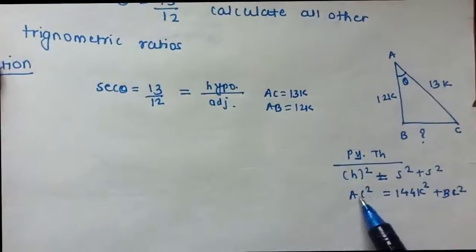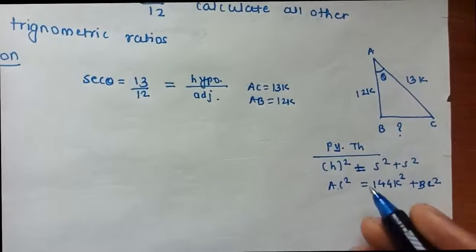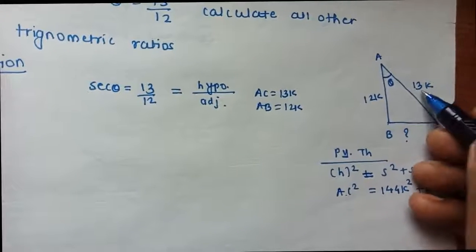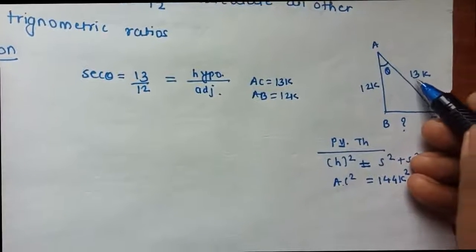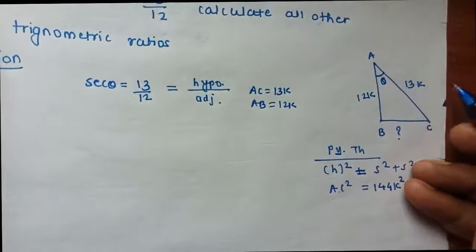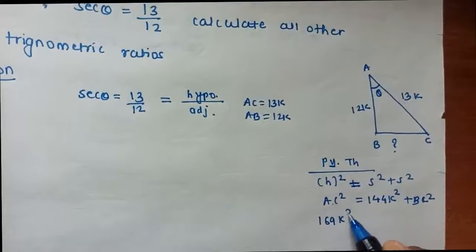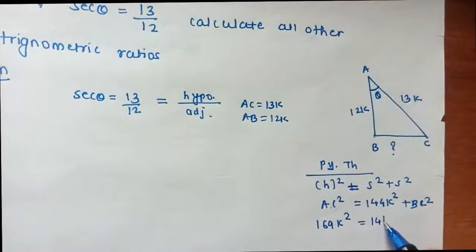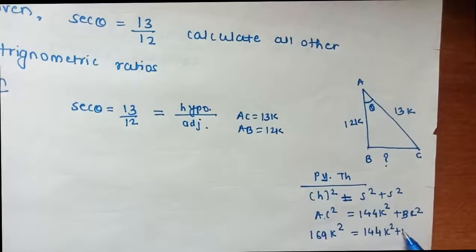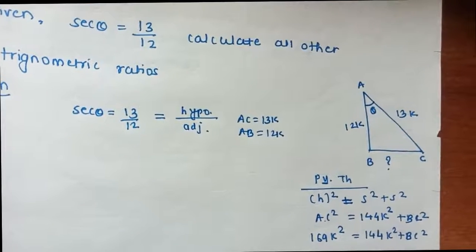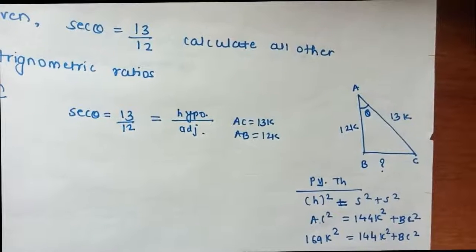I just forgot to write the hypotenuse square here, even you can write it in the next step, doesn't matter. Hypotenuse square is 13k whole square, and 13 square is 169k square, which is equal to 144k square plus BC square. Now it's visible where to find BC.